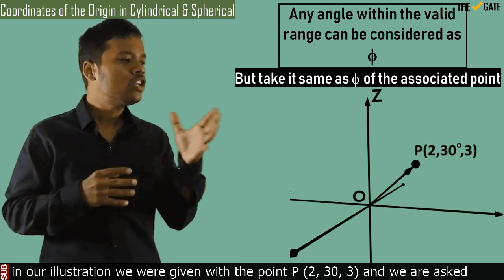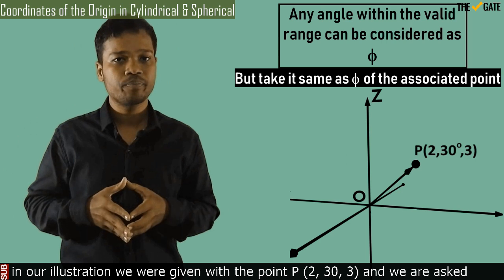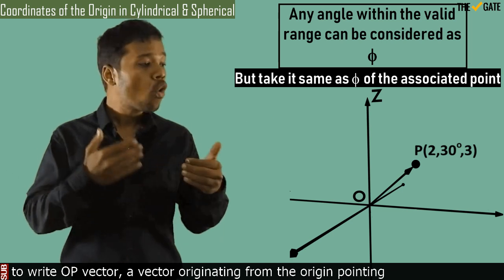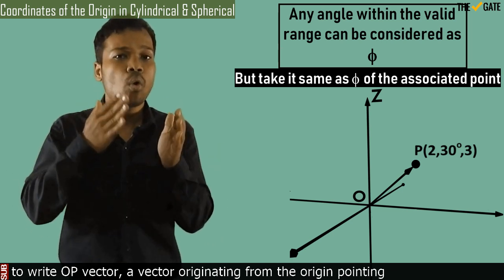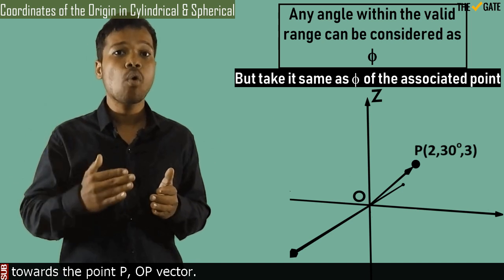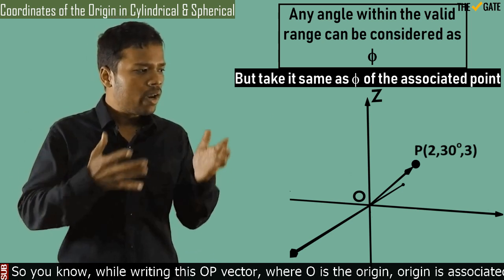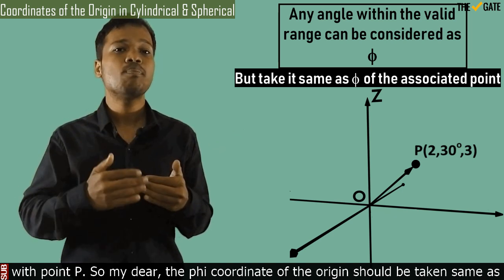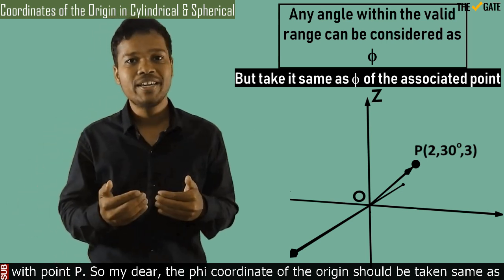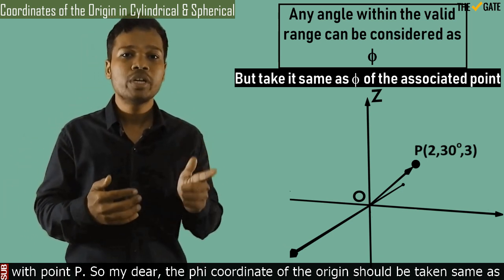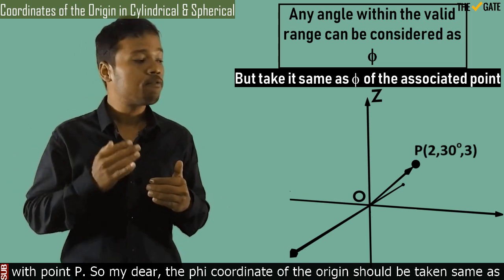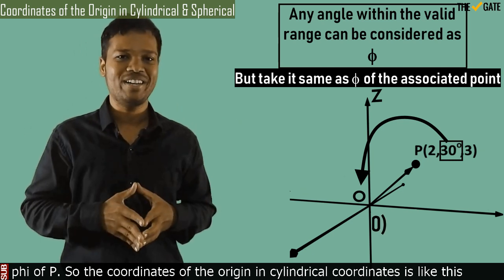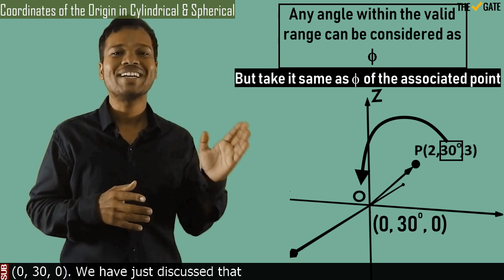For example, in our illustration, we were given the point P, 2, 30 degrees, 3, and we were asked to write the OP vector, a vector originating from the origin pointing towards the point P. While writing this OP vector, the origin O is associated with the point P. So the phi coordinate of the origin should be taken the same as the phi of the point P. So the coordinates of the origin in cylindrical coordinates are 0, 30 degrees, 0.